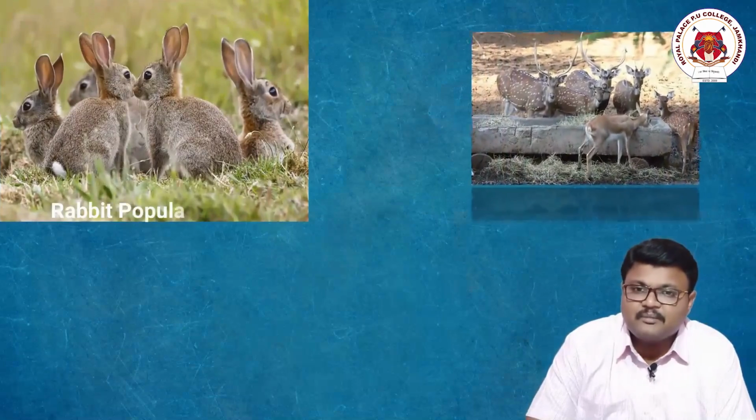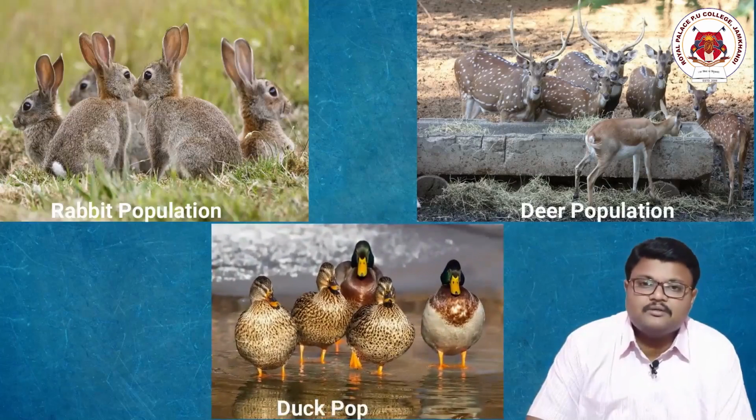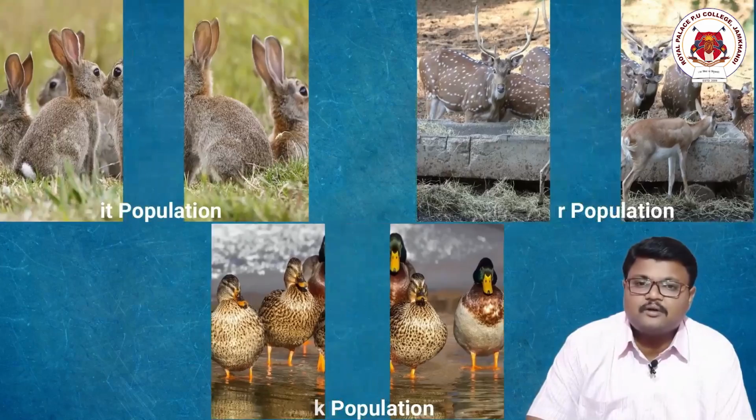It is a simple phenomenon to understand that a population includes only a specific species. You can consider that a rabbit population includes only the rabbit species. It may be 1, it may be 2, it may be 4, or it may be n numbers, but it will always have only one species in it.